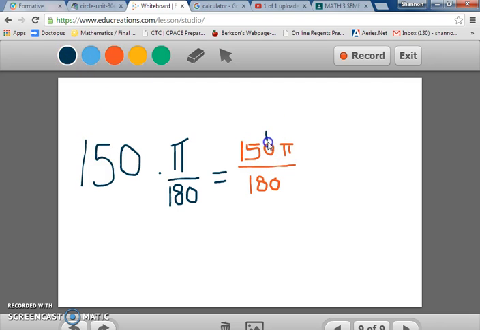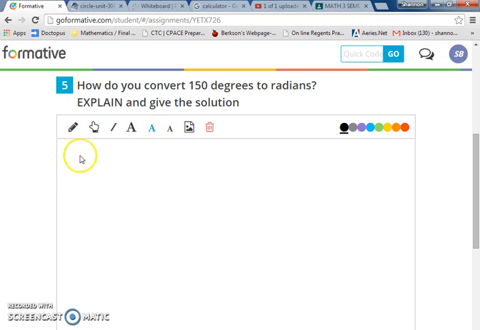We can cancel the zeros, so now we have 15 pi over 18. I can divide 15 by 3 and get 5, and divide 18 by 3 and get 6. So 5 pi over 6 should be our solution, and we can do that by multiplying it by pi over 180. We're going to do that every time.